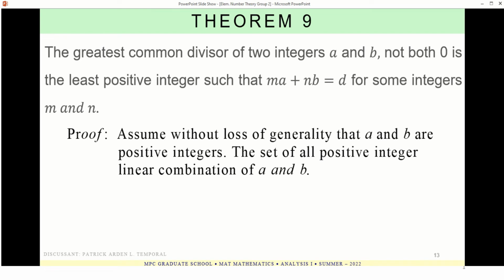Assume without loss of generality that a and b are positive integers. Consider the set of all positive integer linear combinations of a and b.